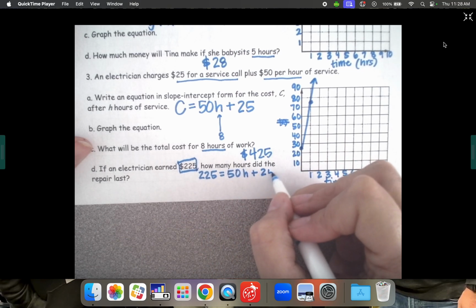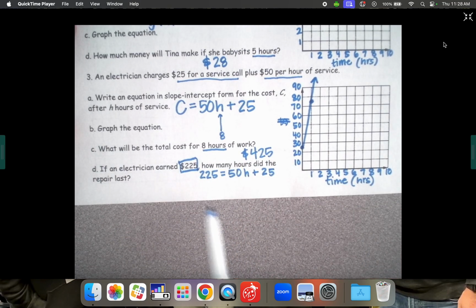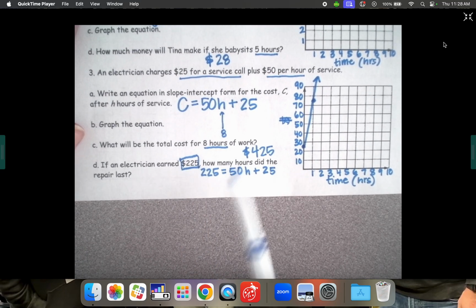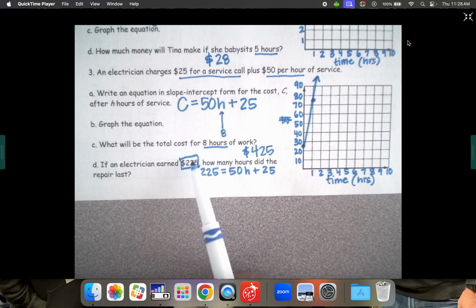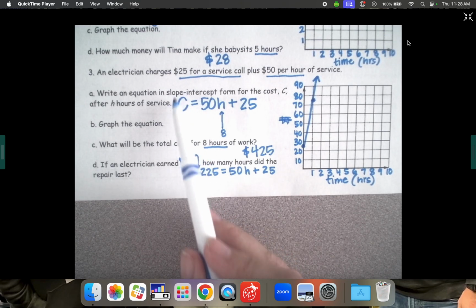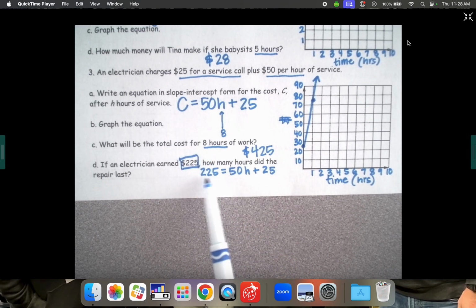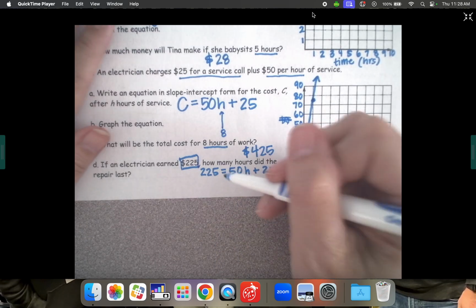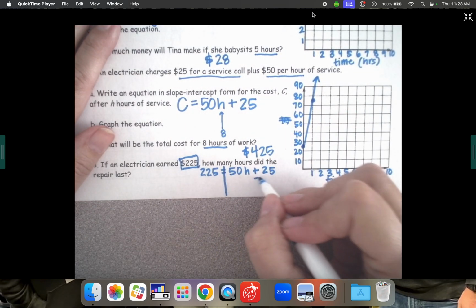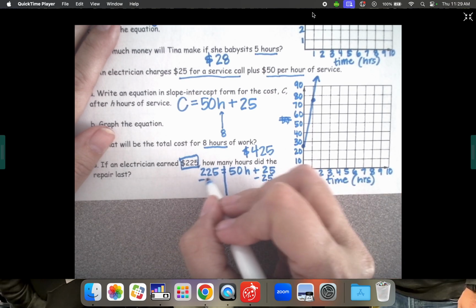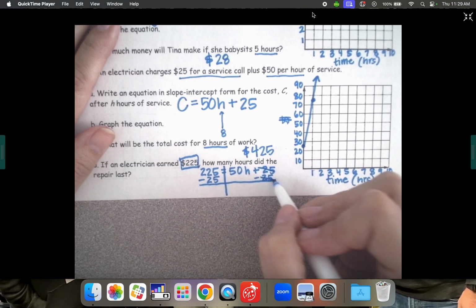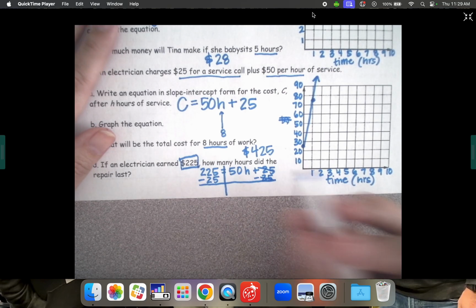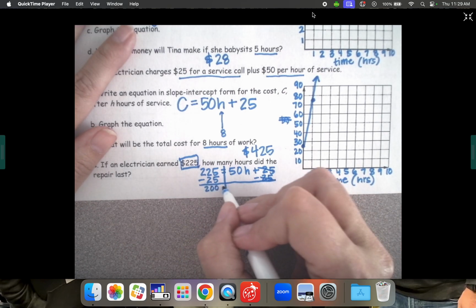And again, if you guys already did it and worked backwards and solved it, that's awesome. But if you want to practice using your equation and being able to set it up, the 225 would be the total cost. So that's why I put 225 here. So you would just solve it. You would subtract 25 from both sides. And those of you who did this in your head already probably didn't set it up like this, but I bet you first subtracted 25, which gives you 200.